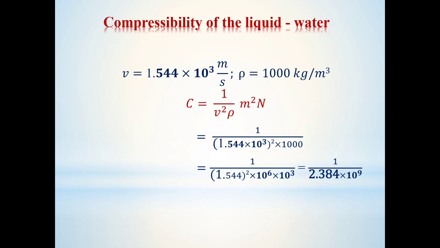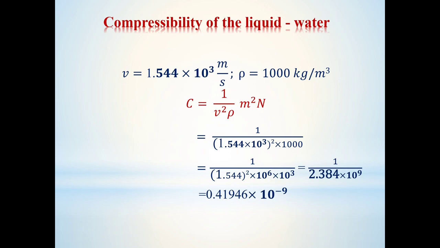The 10 power 3 inside the bracket, when squared, gives 10 power 6. So this 10 power 6 and 10 power 3 will add up to 10 power 9. Squaring 1.544 gives us 2.384. Then when you take the reciprocal, 1 divided by 2.384, we get 0.41946.